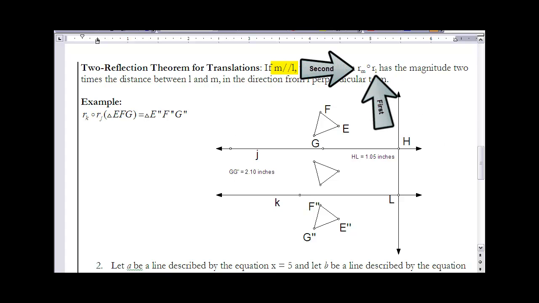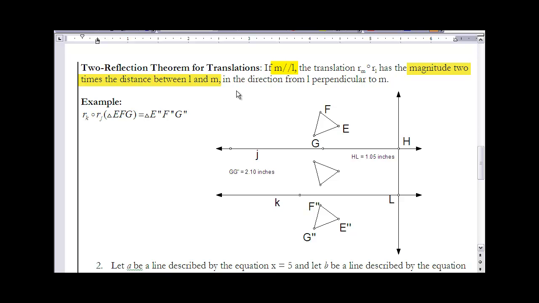the reflection over L is my first reflection, and the reflection over M is my second reflection. It has a magnitude of 2 times the distance between L and M. In other words, the distance it moves will always be twice the distance between the two lines.